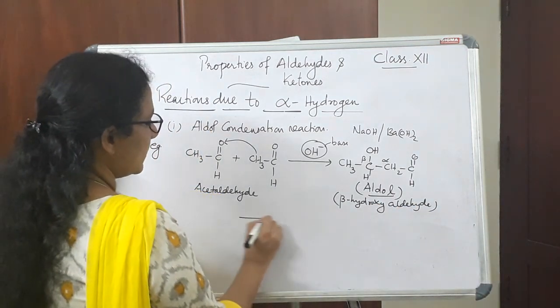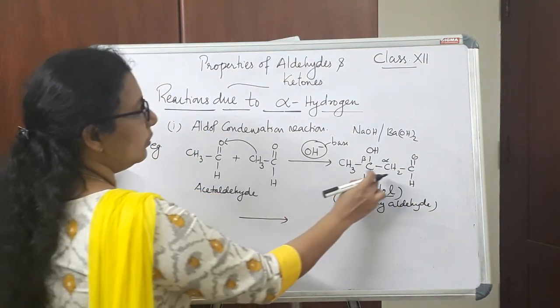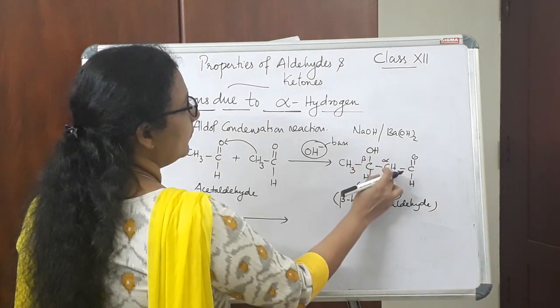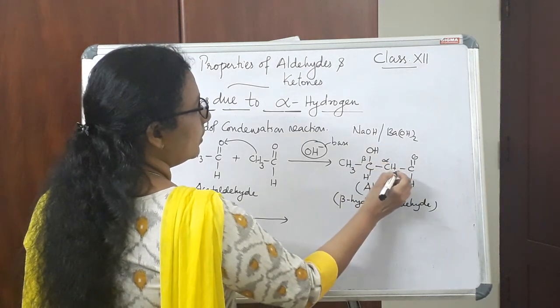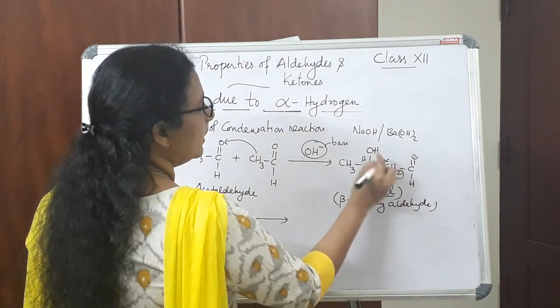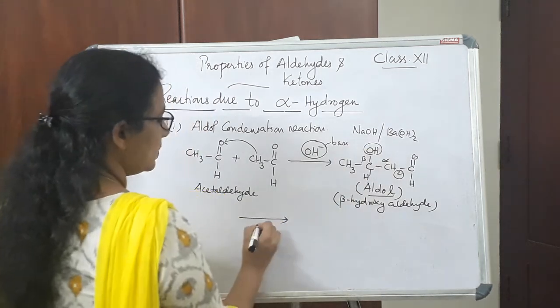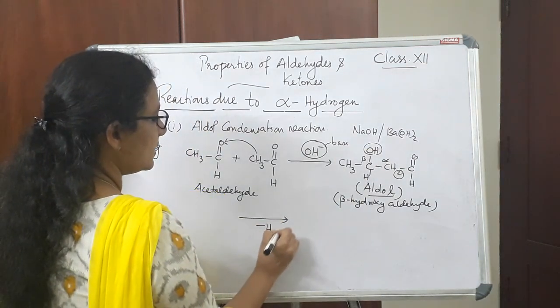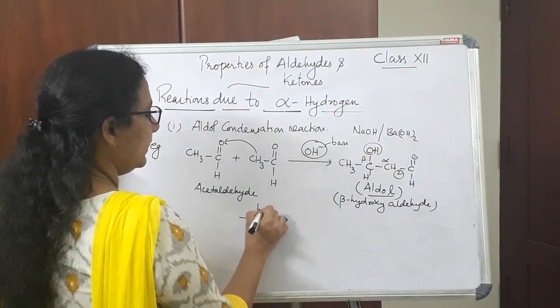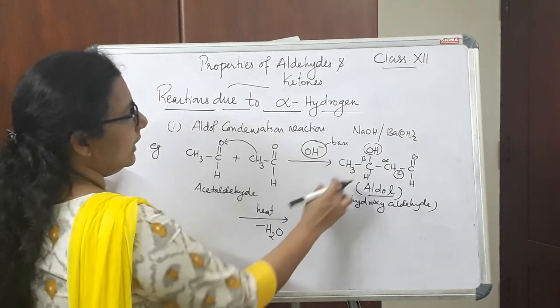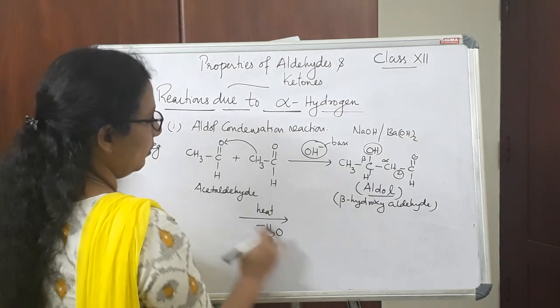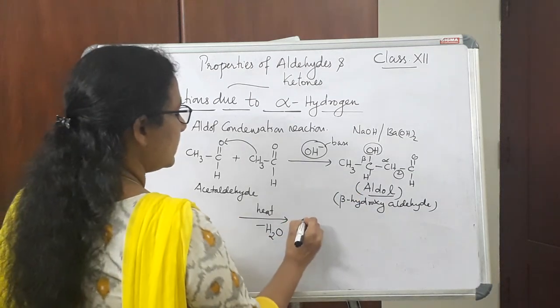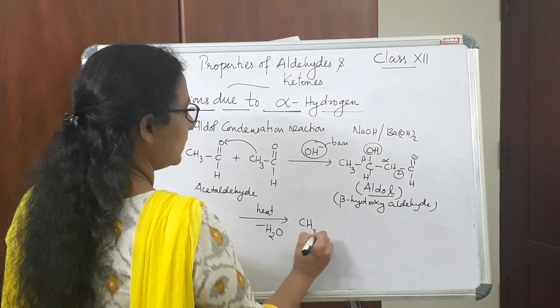In the next step, one molecule of water is eliminated from this aldol. That means one hydrogen from here, one OH from here. So on heating, it readily loses one molecule of water and produces the condensation product.